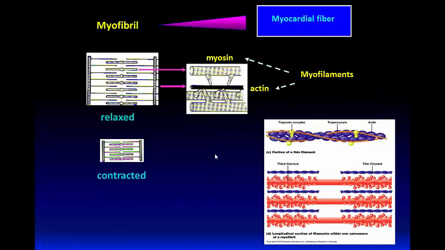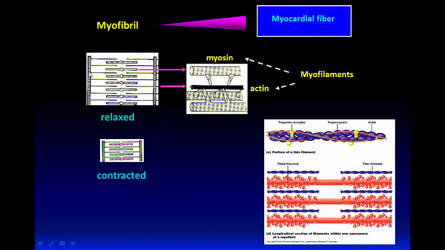So now let's describe the mechanism of sliding of the thin filaments past the thick filaments in the sarcomeres of the skeletal muscle, of the cardiac muscle cells. So here we have a cardiac muscle fiber, a myocardial fiber, or a myocardial cell, or a myocyte. And as we mentioned, the sarcoplasm, the cytoplasm of the fiber is packed with myofibrils.